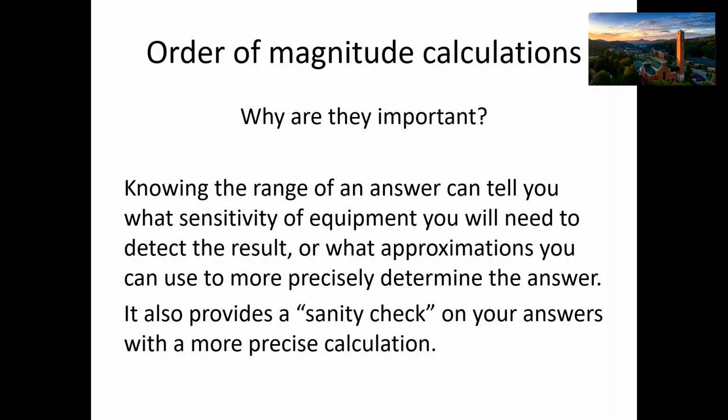Or what approximations you can use to precisely determine the outcome of your project. You can also do some estimations to check the feasibility of your project. Is it even possible? Is it affordable? Are things available?